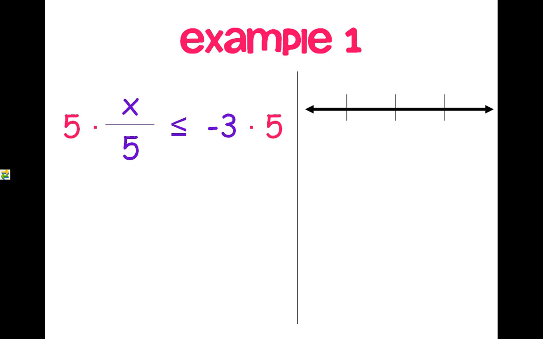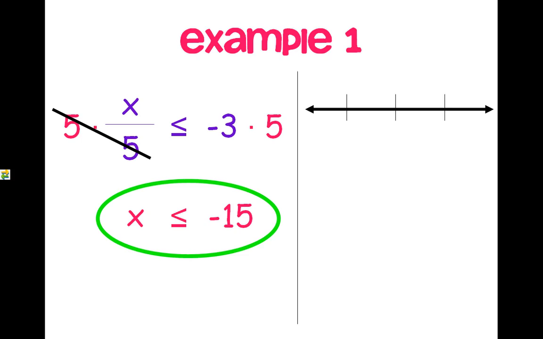What you do to one side, you do to the other. Now here, keep in mind, we're multiplying by a +5, so we're not going to have to flip any signs. Opposites get rid of each other. That leaves us with x is less than or equal to, bring down the sign because we didn't multiply or divide by a negative number, and -3 times 5 is -15. And that is our answer.